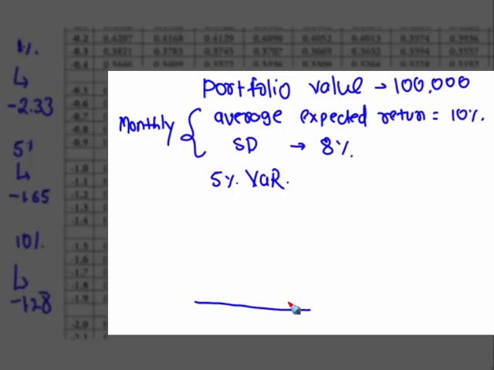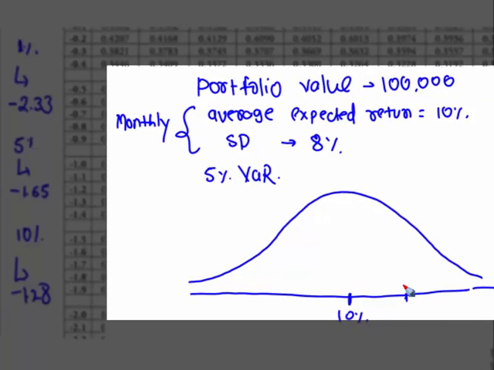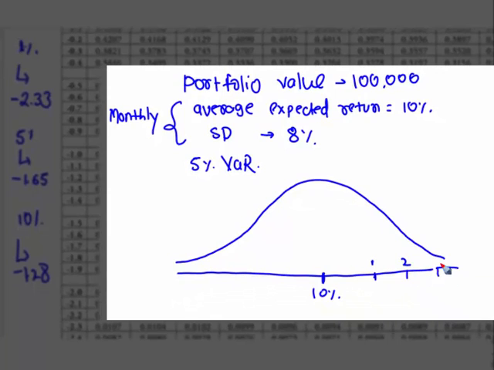First, you plot a graph, a simple normal distribution graph. Now, what is the mean of your normal distribution, with an assumption that the returns follow normal distribution? The mean is 10%. Then if you go 1 standard deviation, 2 standard deviations, 3 standard deviations. 1 standard deviation is how much? 8.